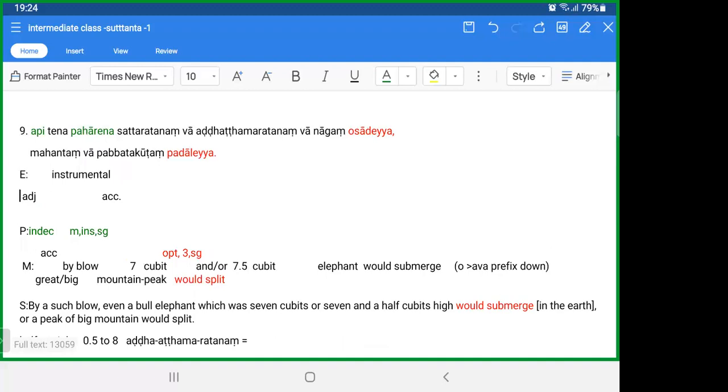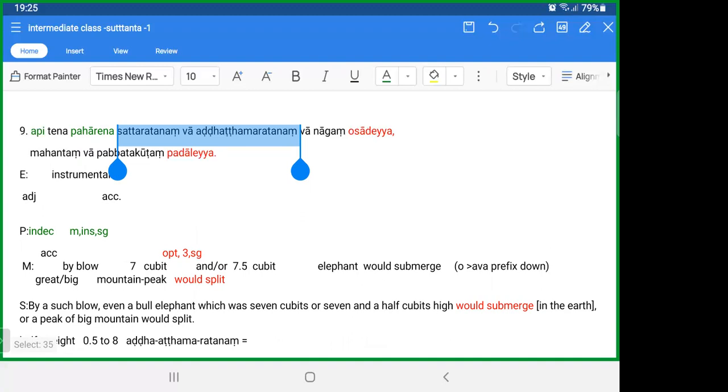Okay. So what do you think this Suttanta wa Atana wa is? How do you call it in English? What does it function as in English? A phrase? It's not a phrase.